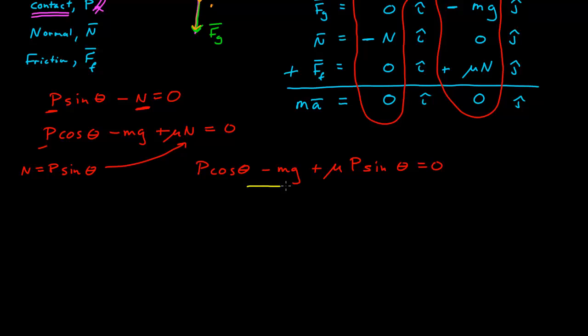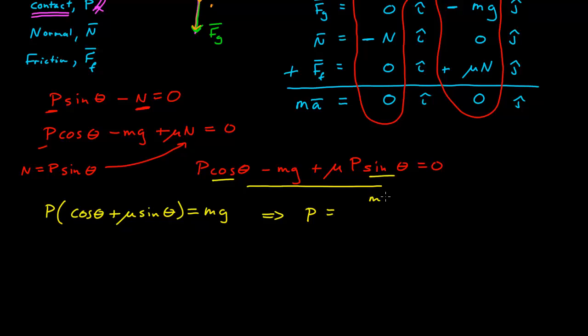And so now I can solve this for P. I can pull out a P from each of those terms. P then times cosine theta plus mu sine theta is equal to mg, or P is equal to mg over cos theta plus mu sine theta.